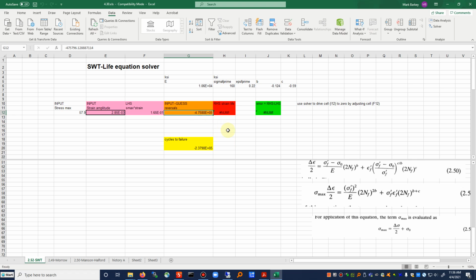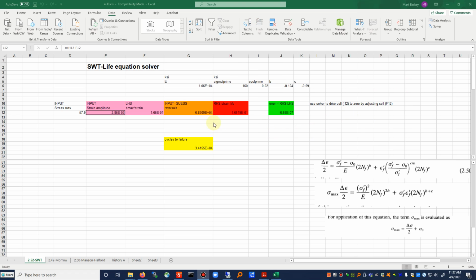Yeah, we should not get a negative number. Need to find out what's going on with that. Let me pause. Okay, I took a new guess, and I think that drove me in a better direction. So now I have this for my cycles to failure.